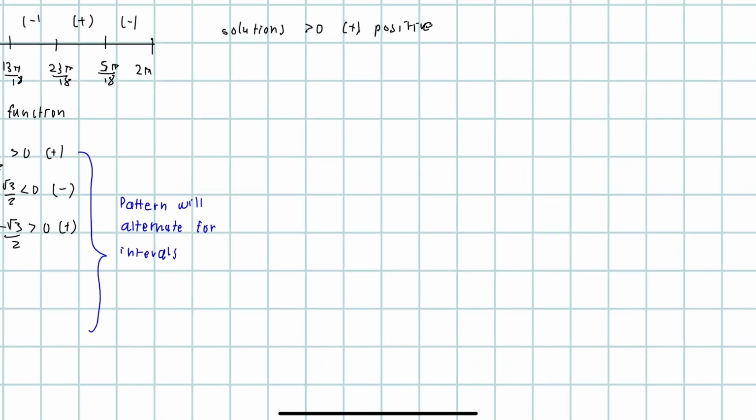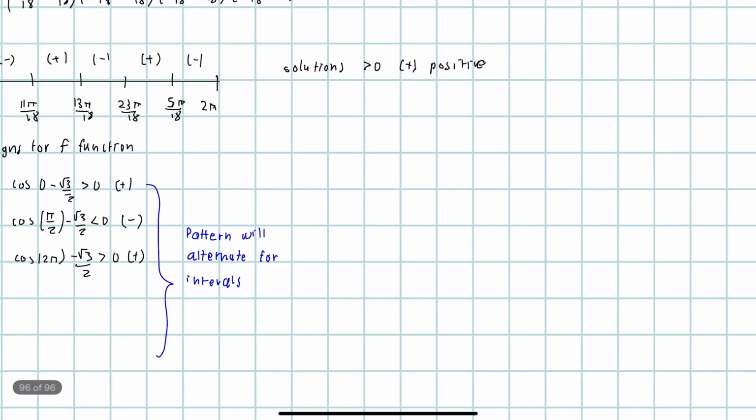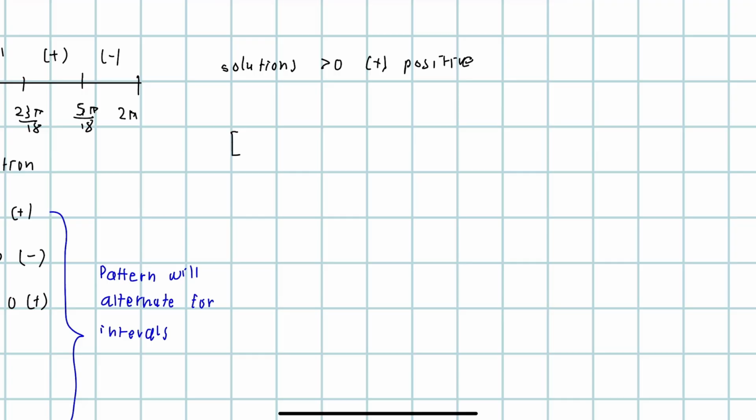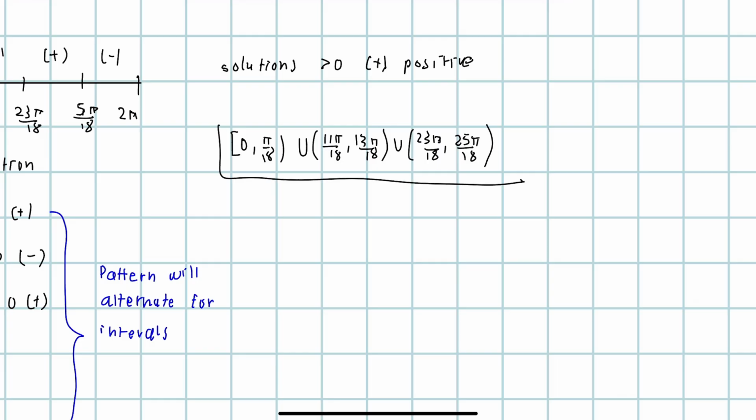So that means we can write our solution as including 0 to pi over 18, union 11 pi over 18 to 13 pi over 18, union 23 pi over 18 to 25 pi over 18. And yeah, so that's it for this question.